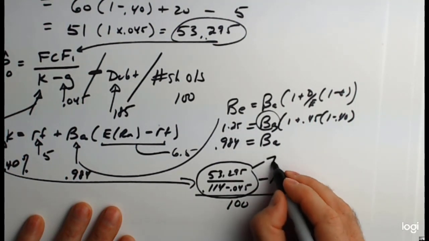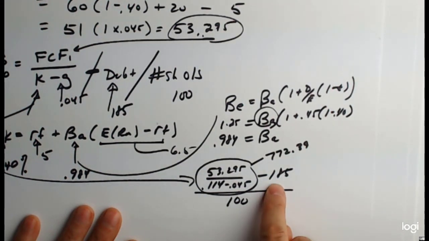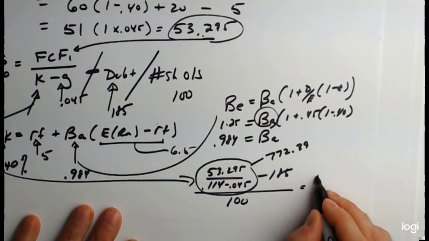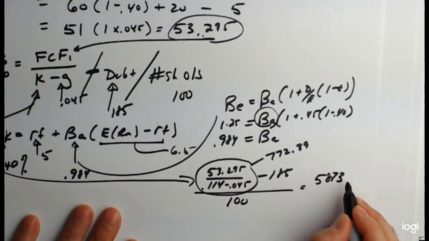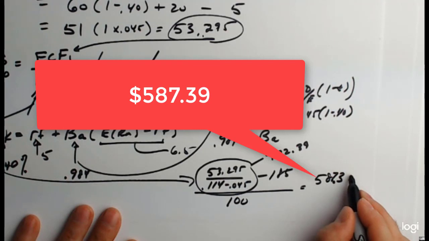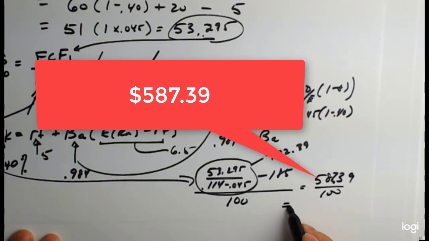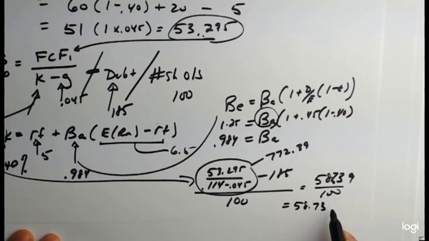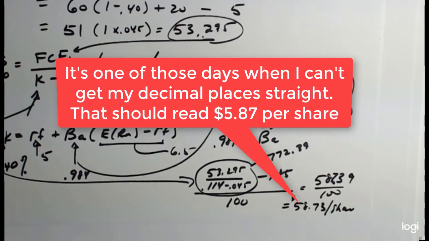This is 772,039,000. And then with the minus the 185 gives us 587,039 divided by 100. That's $58.73 per share is the stock price.